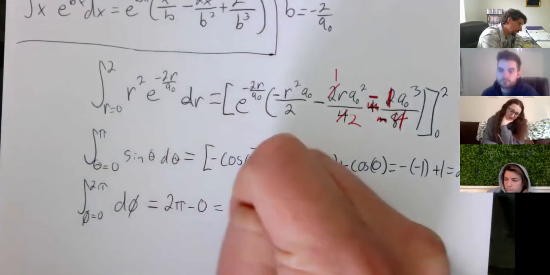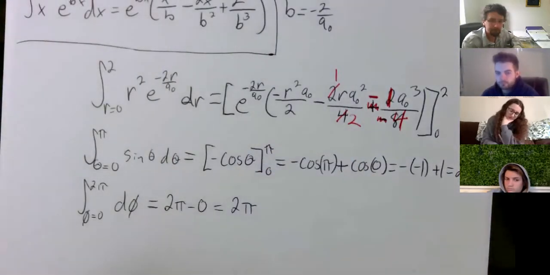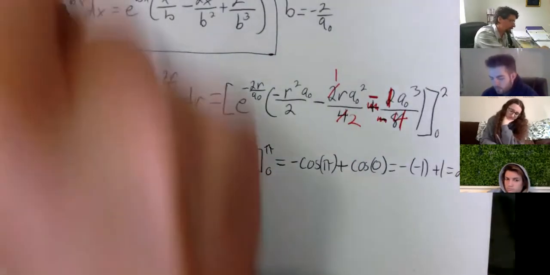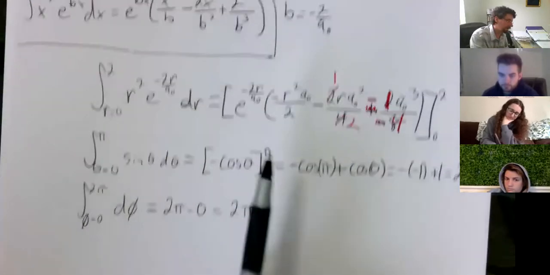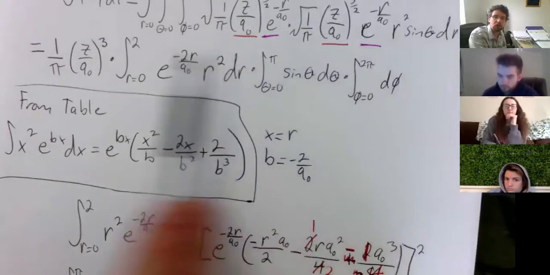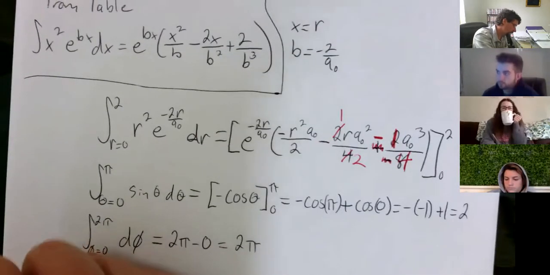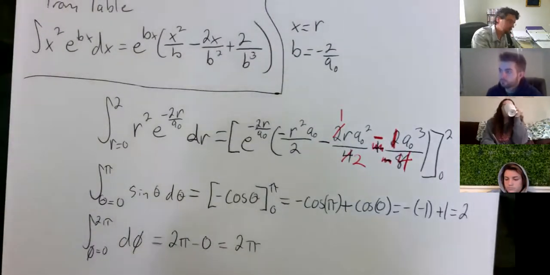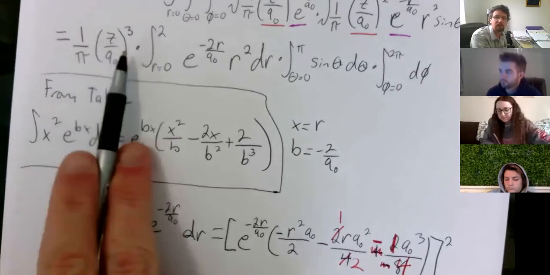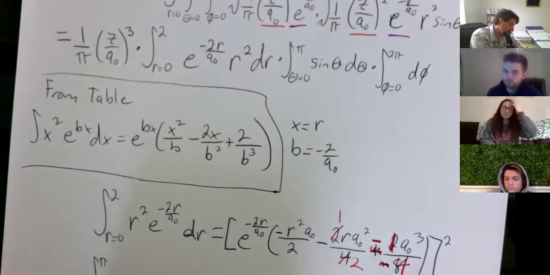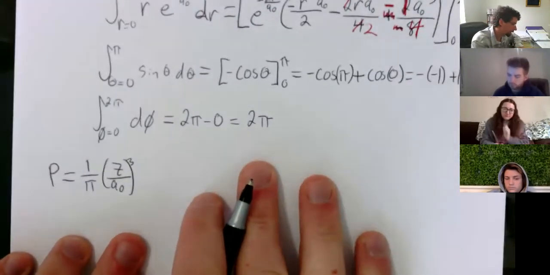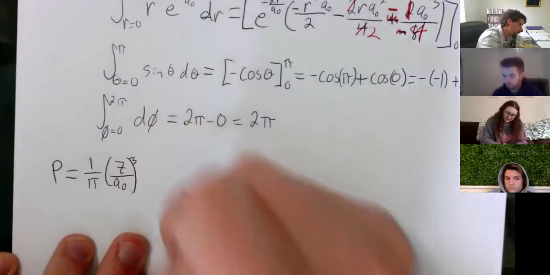2 pi minus 0, or just 2 pi? So now let's plug all of this back into this expression. The probability will be equal to, we had this stuff out front, 1 over pi, d over a naught to the third, times all this other junk.